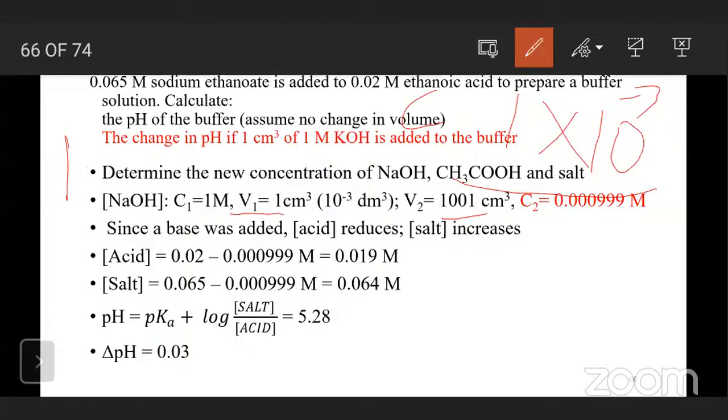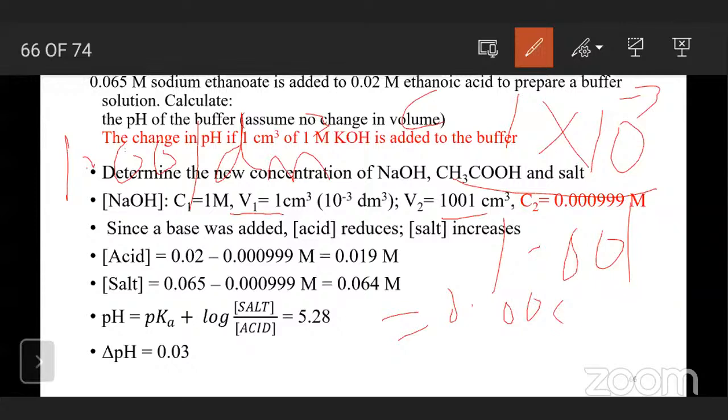And that is the same thing as 1.001 dm cubed. So you make that one your denominator, 1.001 dm cubed. If you press your calculator, you will get something like 0.000999 and so on molar.